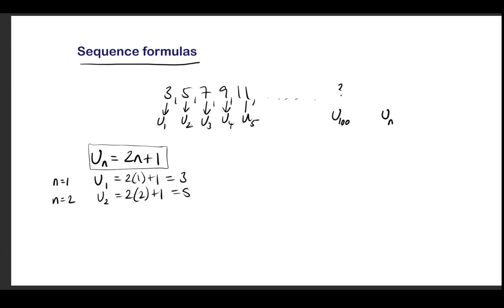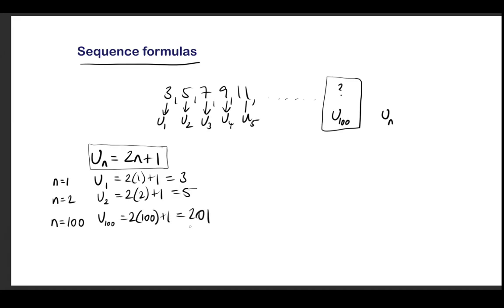When I put the value of the term that I want into the formula, it tells me the numbers in the sequence. So if I want to answer the question, what's the 100th number in this sequence, it would be easy because I would just substitute n is 100 into the general formula, and I would have U100 equals 2 times 100 plus 1.